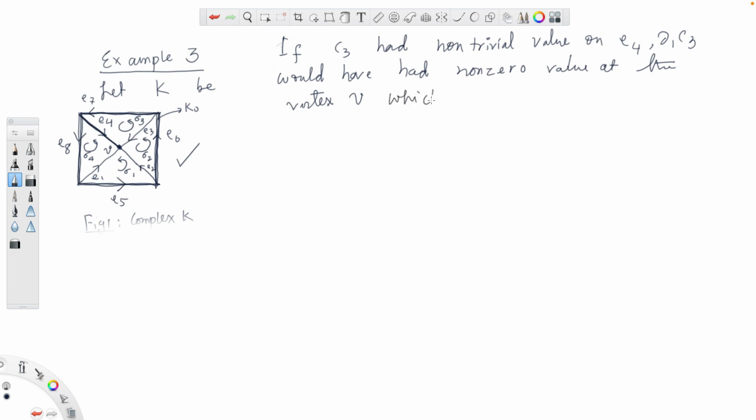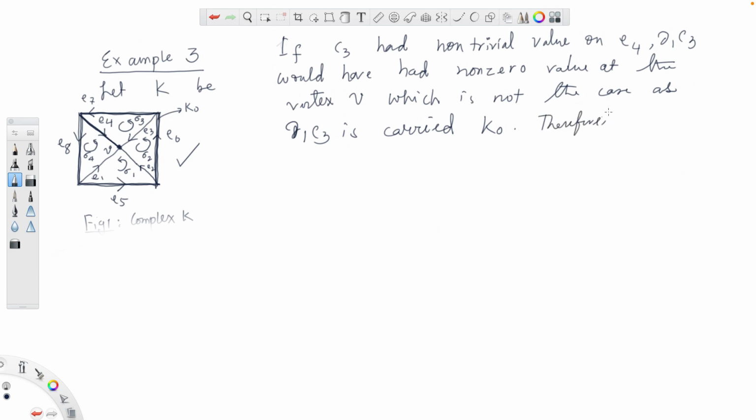Which is not the case in hand, as delta 1 C3 is carried by K0. We have seen earlier that delta 1 C3 is carried by K0. Therefore, the one chain C3 has to vanish on the one simplex E4.